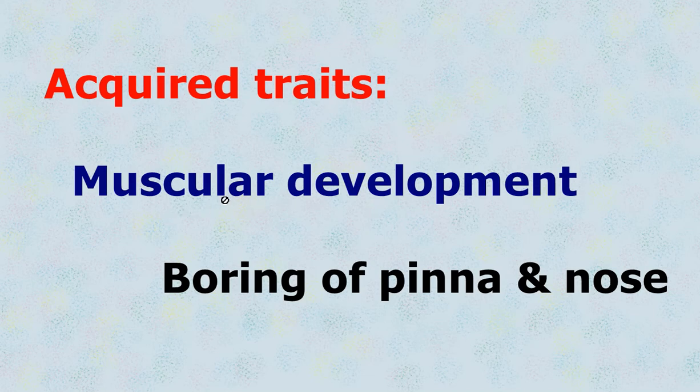So that is a trait which is acquired during our lifetime. Similarly, in Asian countries, women bore their pinna and nose. So boring of the pinna and nose is always acquired during the lifetime. It is never inherited from the mother to the daughter or from one generation to the other. So this is also a kind of acquired trait.